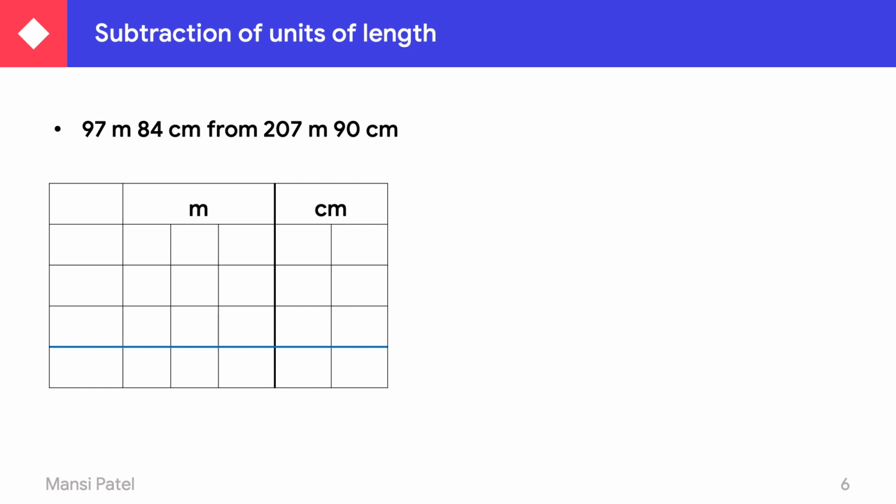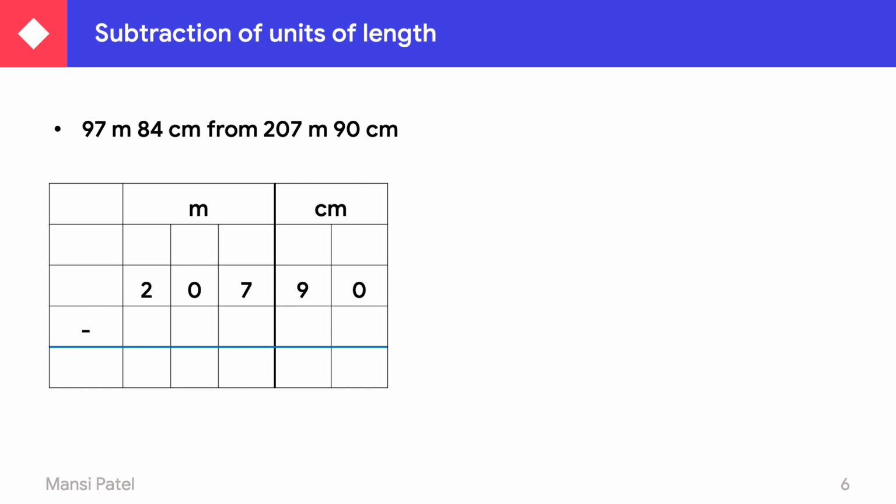After that, below this heading you write down the given numbers. So first we write down 207 meter. And how many centimeter of that? 90 centimeter.